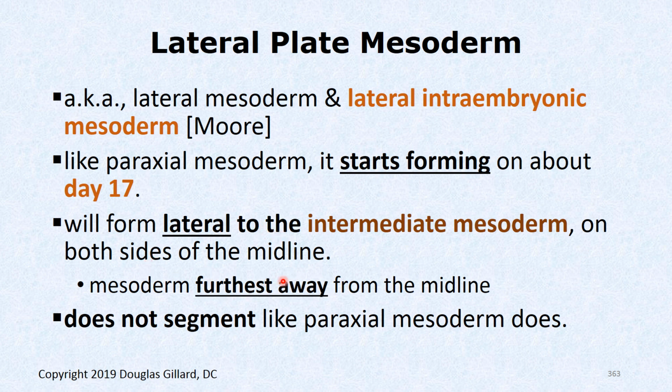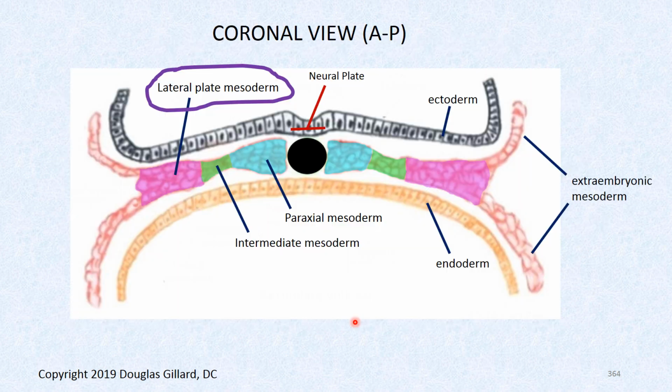Pictures are always better, right? So it's furthest away from the midline, secreting BMP like crazy, we know. And it doesn't segment. So the intermediate and lateral plate mesoderm do not segment. They don't turn into blocks of epithelial tissue like the paraxial mesoderm does.